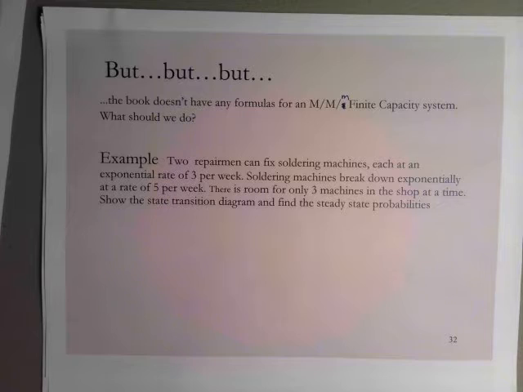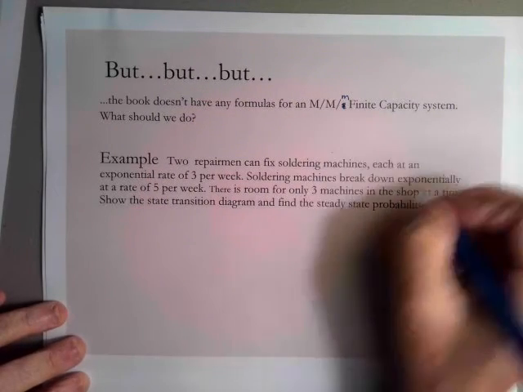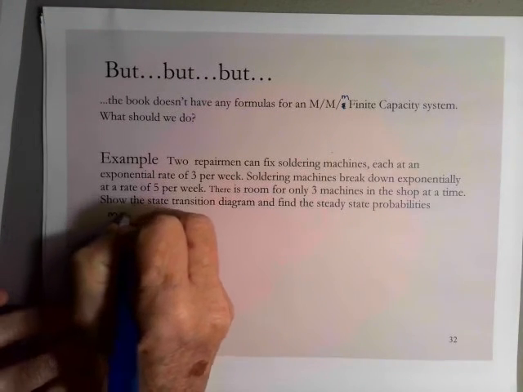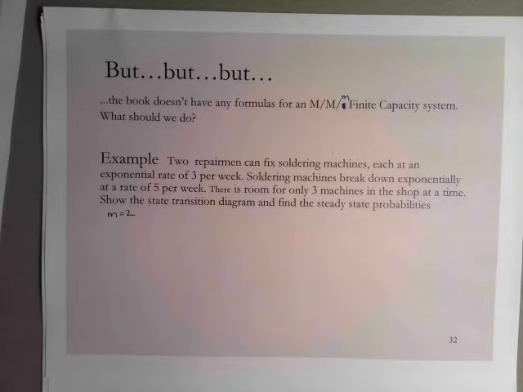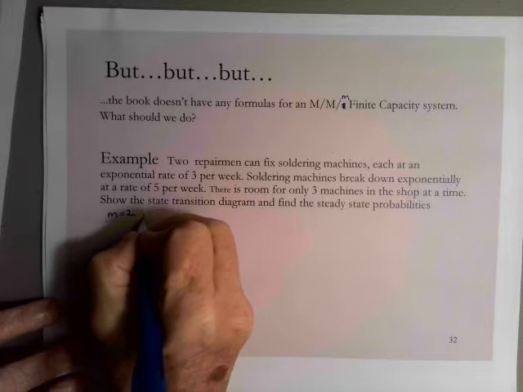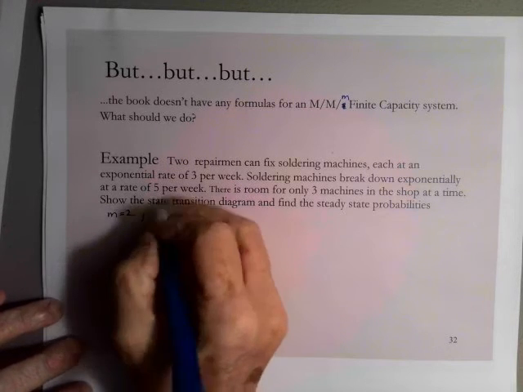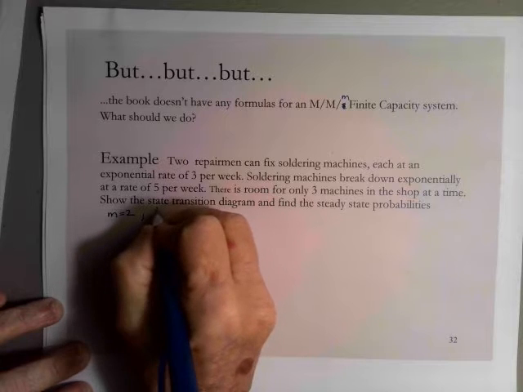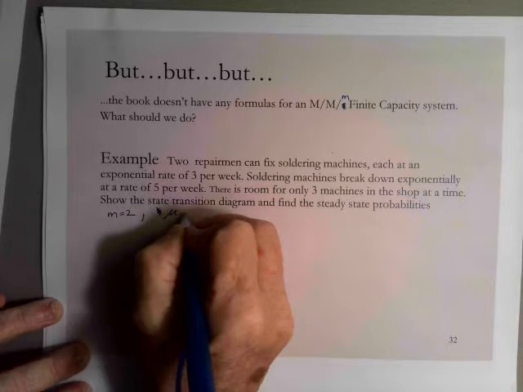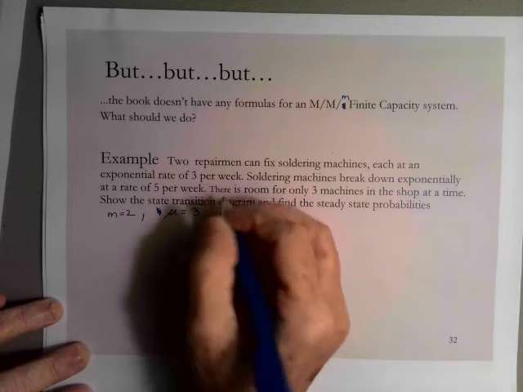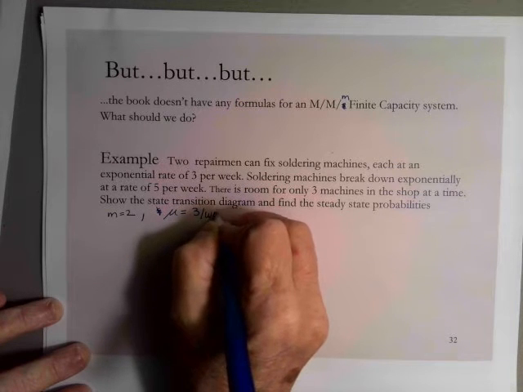We've got these 2 repairmen. So here we've got M equals 2 servers. They're fixing these soldering machines at an exponential rate of 3 per week. So they just directly gave me that mu, because they're fixing it at a particular rate. They gave me directly that they can do 3 fixes per week.